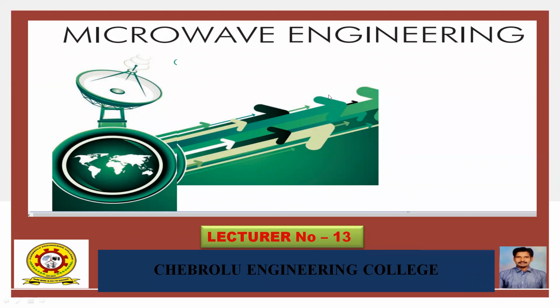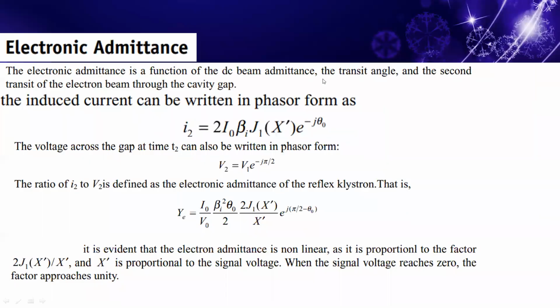So up to now, what is the optimum transit time we found in this reflex klystron? It is represented by time capital T equals n plus 3 by 4.